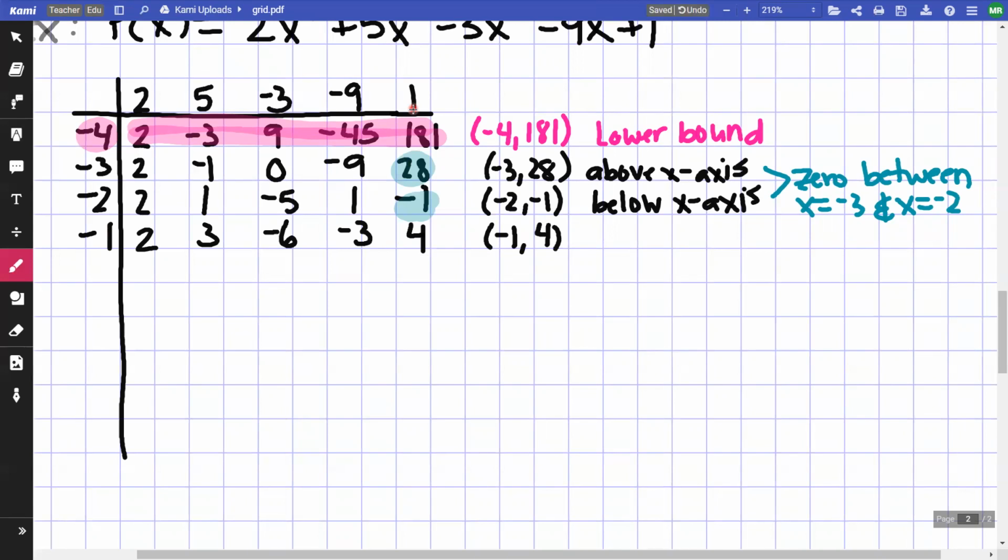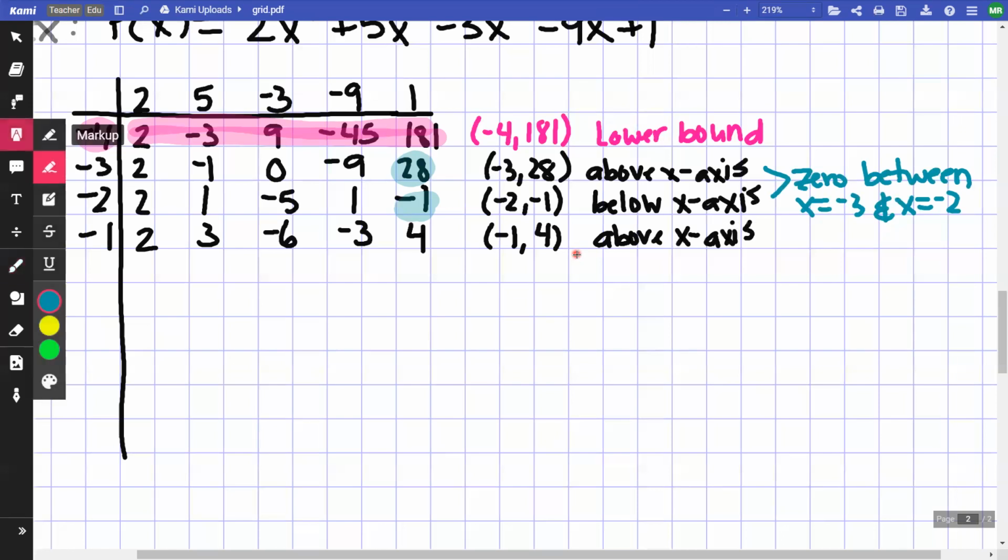Anyone have anything to say? Okay, I'm back above the x-axis. So I'm just going to use a different color.